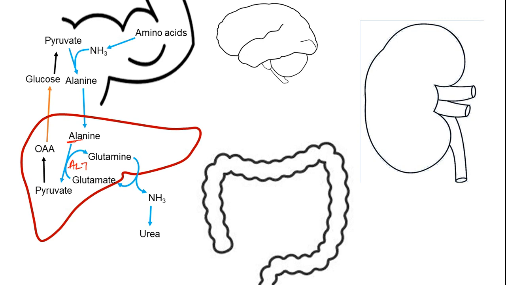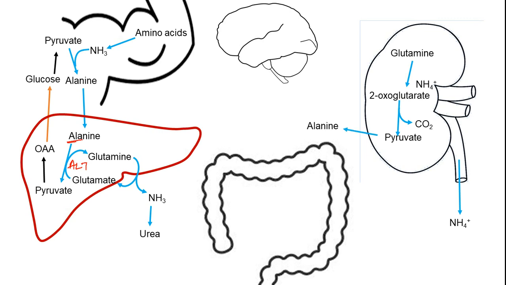Now, in various other tissues, like in kidney, glutamine gets converted to 2-ketoglutarate and ammonia, and the ammonium ion that is obtained is eliminated in the urine. The 2-ketoglutarate gets converted to pyruvate, pyruvate will be converted to alanine, and alanine will be sent to liver.